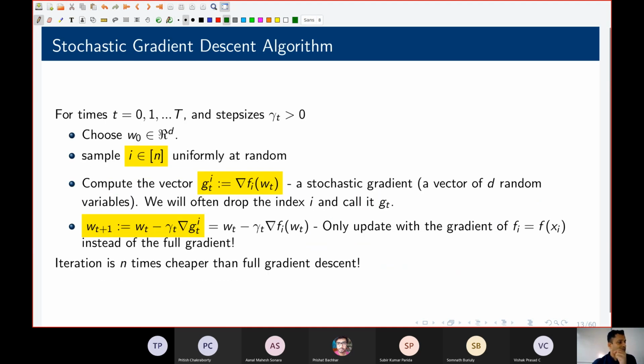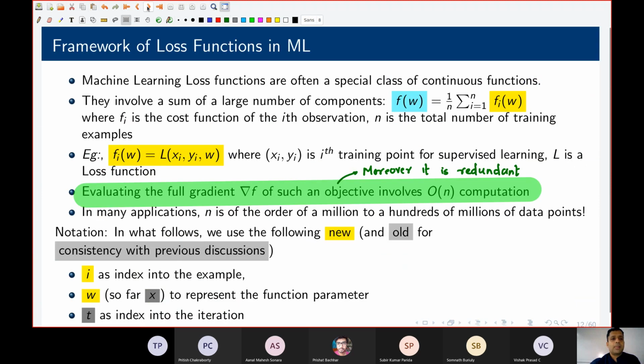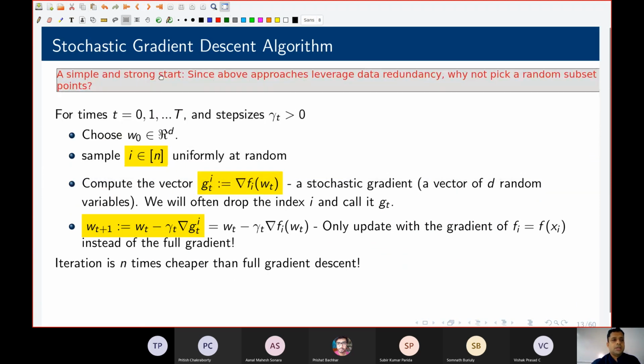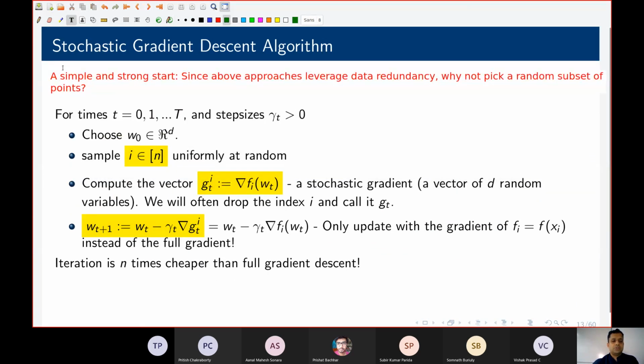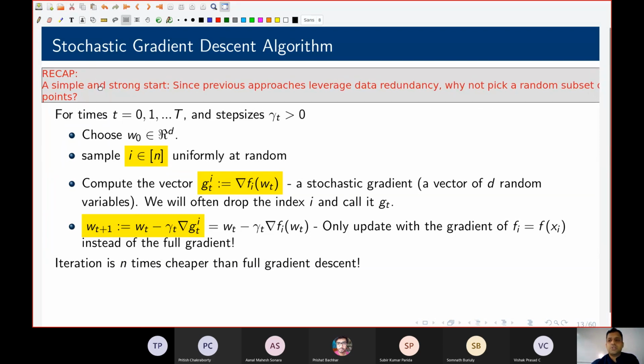Let's now move a little fast with this understanding. The simple scheme which we wrote in red, right? I'll just copy this part. So to recap this simple and strong scheme, the previous approaches, we are trying to take the best lesson out of those.